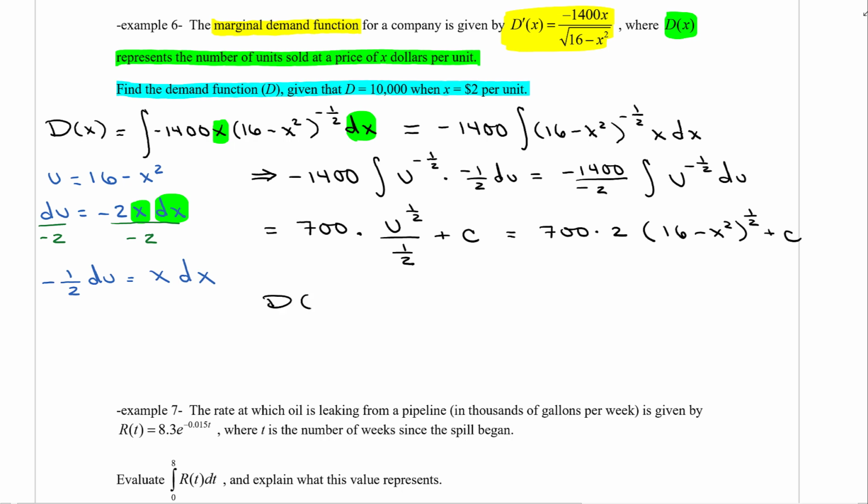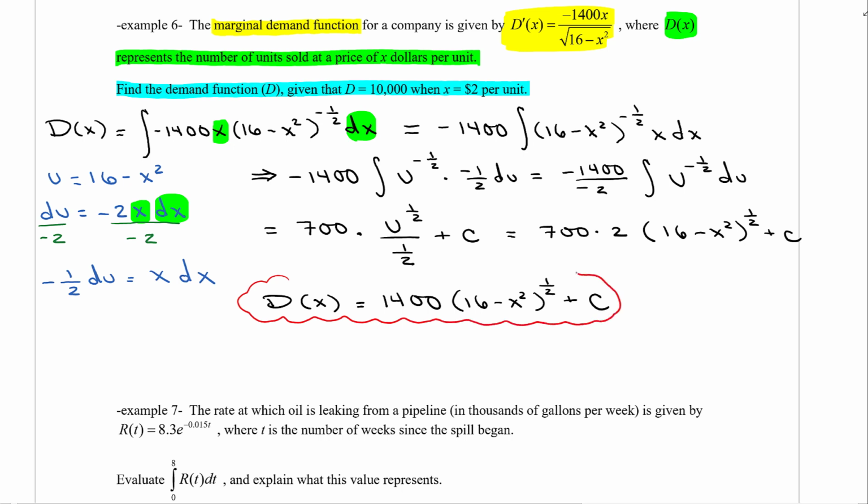Therefore, d of x is equal to 1400 times (16 minus x squared) raised to the 1/2 power plus c. I'm going to draw a cloud around this equation. This is going to represent our general solution. I'm going to draw an arrow pointing towards this equation, and write down the words general solution next to it.